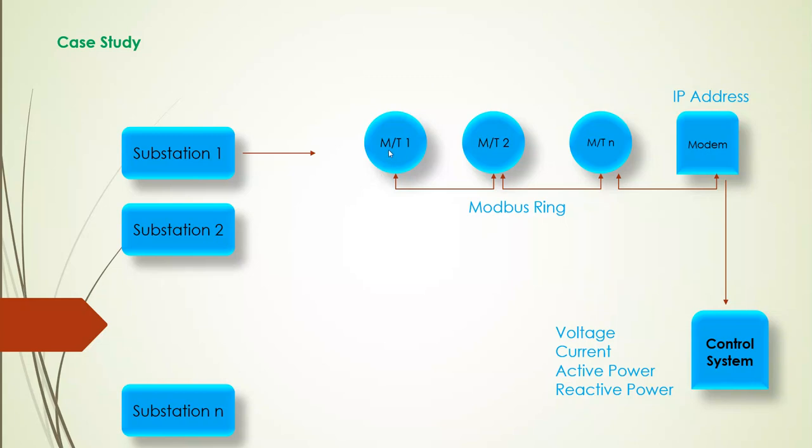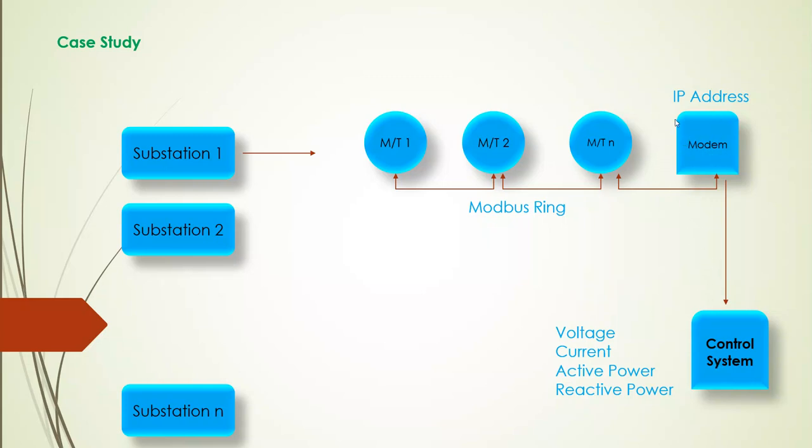We install measurement or transducer in feeder 1 and 2 and all of the feeders that I want to get data from, and use the Modbus ring for data exchange, and then this data is transferred to the control system through the modem.